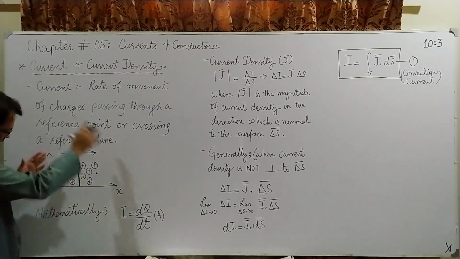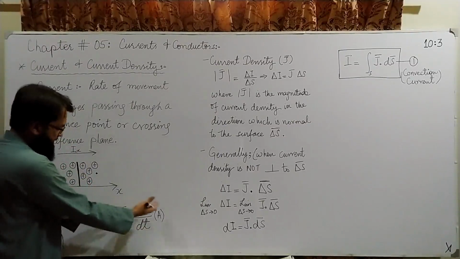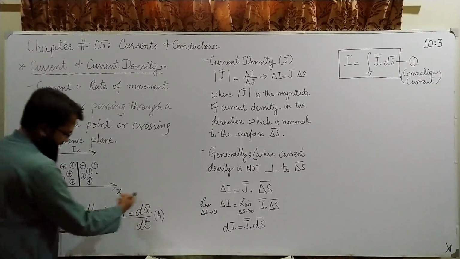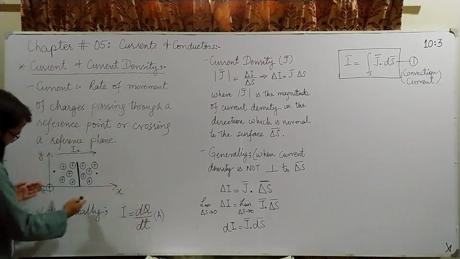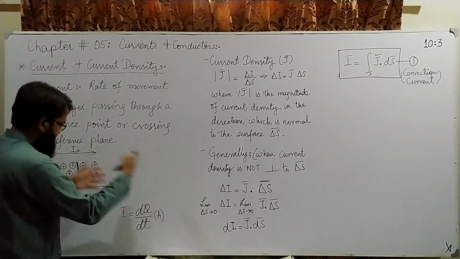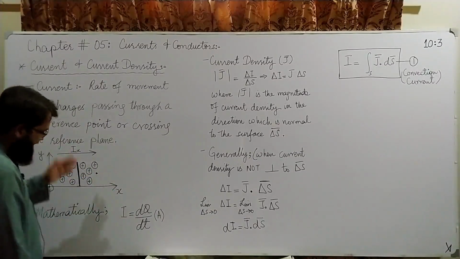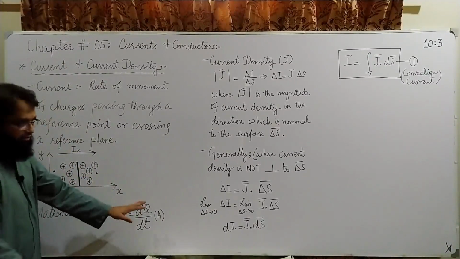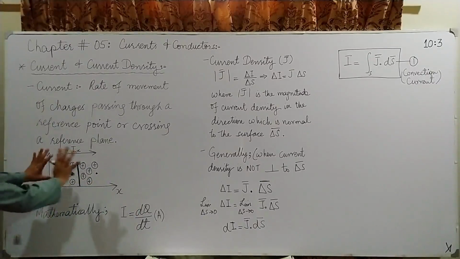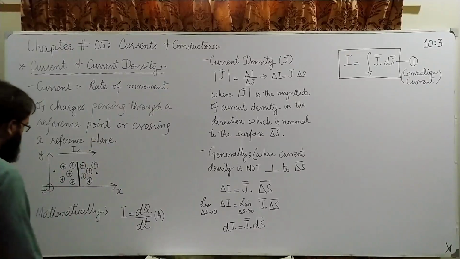In this definition, this mathematical definition is still true. In this scenario, in which the charges are physically moved from one side to another side, crossing a particular reference plane or a point, this definition is mathematically true. So let's keep our focus on this type of current in which charges are physically moved from one side to another side of a reference plane or a point.